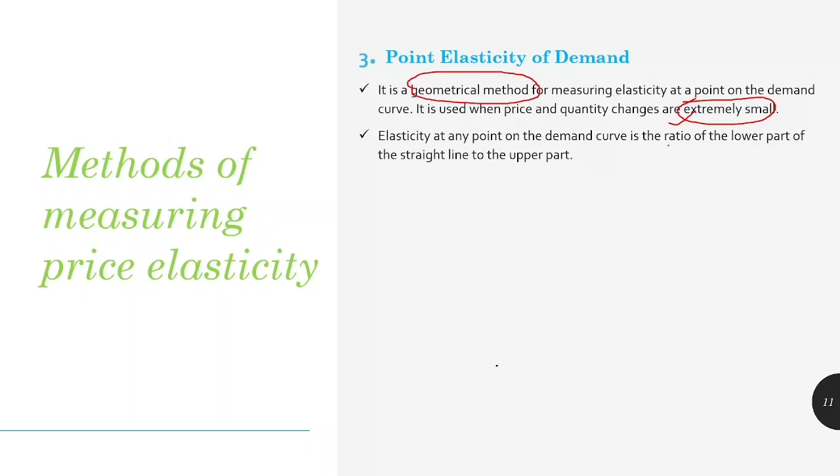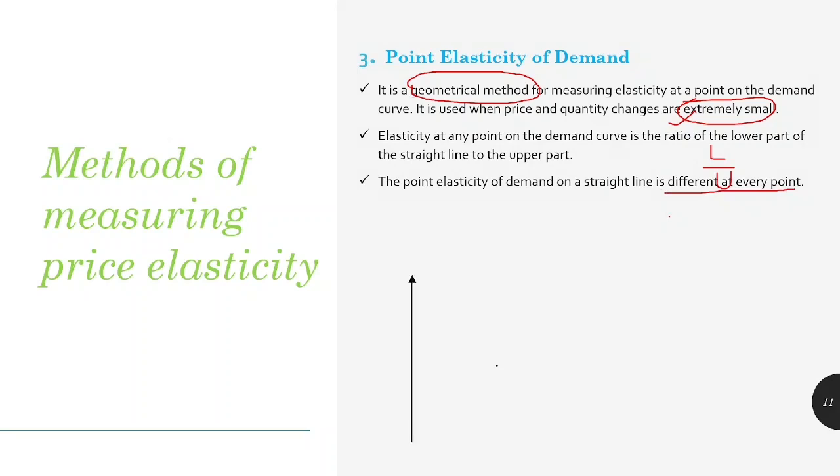The elasticity at any point of the demand curve is the ratio of the lower part to the upper part. So remember, lower part to the upper part is the elasticity. The point elasticity of demand on a straight line is different at every point. So the point elasticity at every point on the curve will be different.